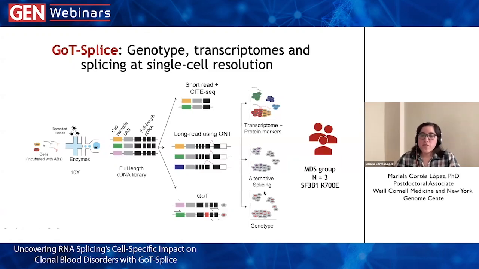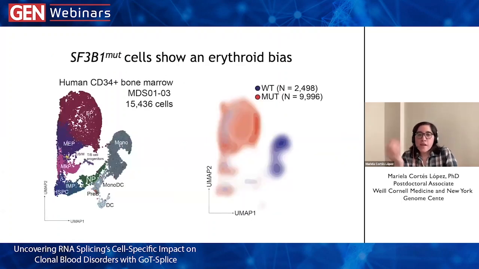So we started this study with an MDS cohort. MDS is myelodysplastic syndrome. And this MDS cohort was composed of 3 individuals with an SF3B1 mutation. So let me now tell you a little bit of what we found.